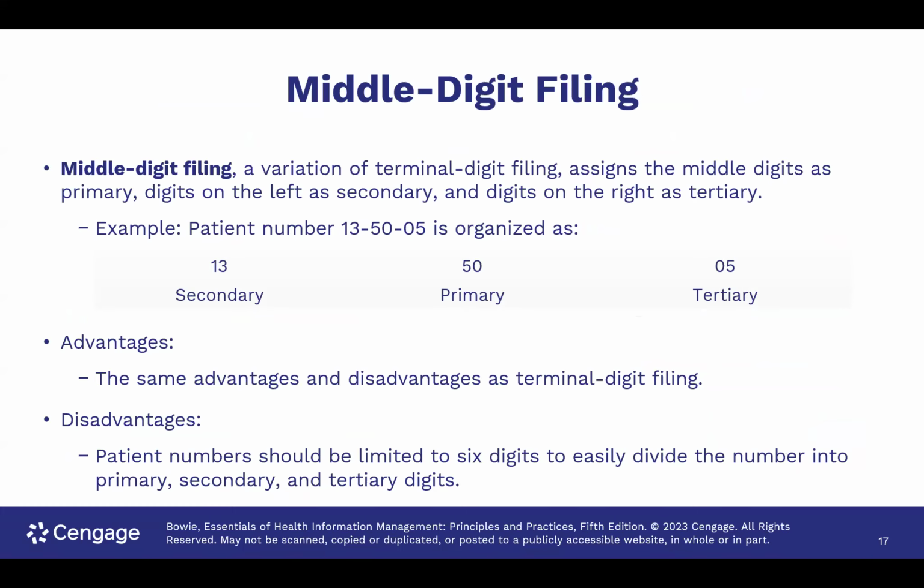Middle digit, which is kind of the same, assigns some middle digits as a primary. The digits on the left are secondary, and the digits on the right are tertiary, right? And kind of the same thing, although the one downside is patient numbers have to be limited to 6 digits because otherwise you wouldn't be able to evenly parse these out and have them distributed evenly.